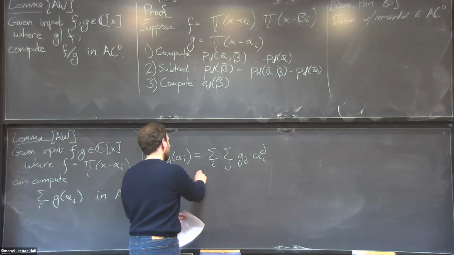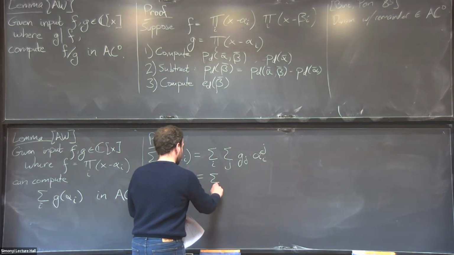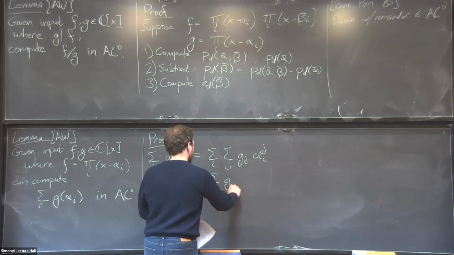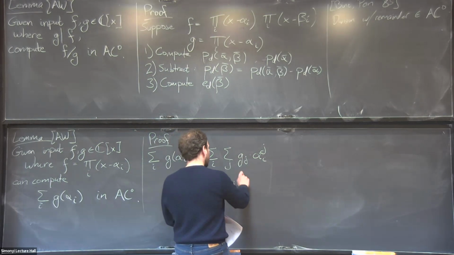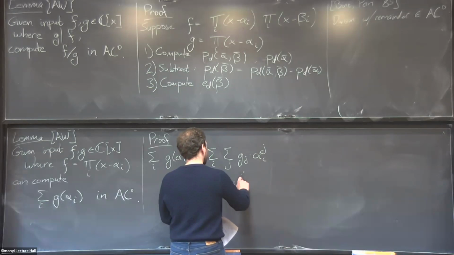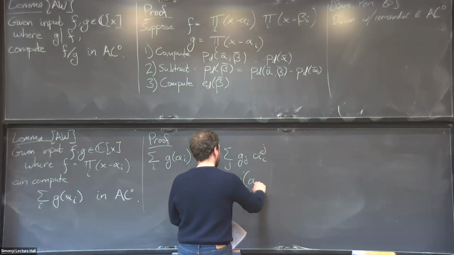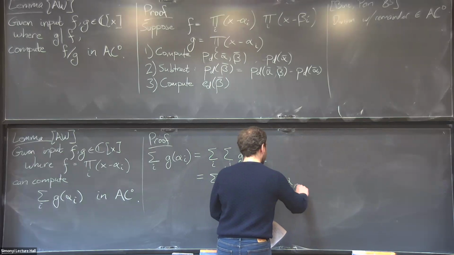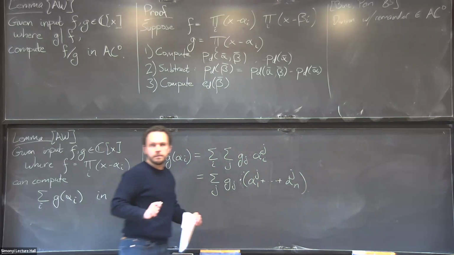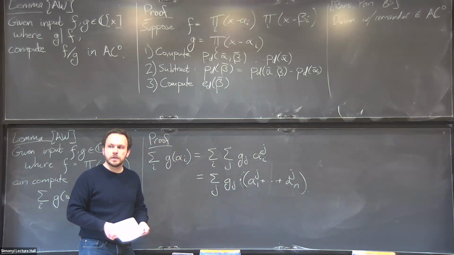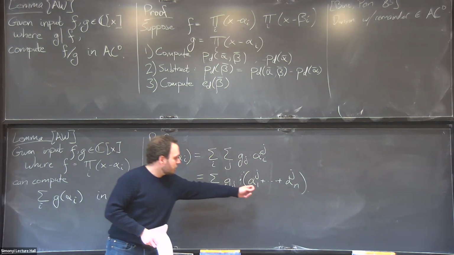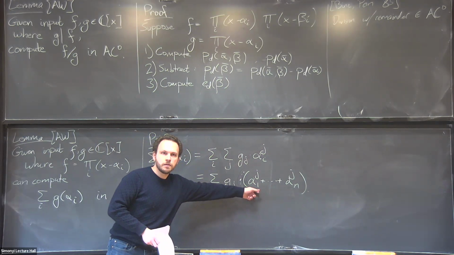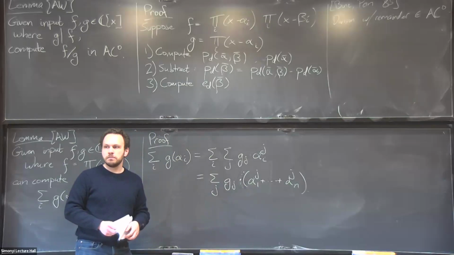Change the order of summation. I have g_j. And now if I collect like terms, what do I have? Well, I have alpha 1 to the j through alpha n to the j summed. How do you compute this in constant depth? Convert to the power sums for f and take this integral. That's it.